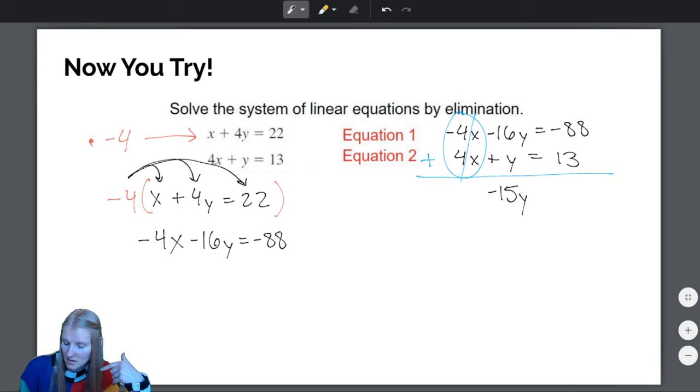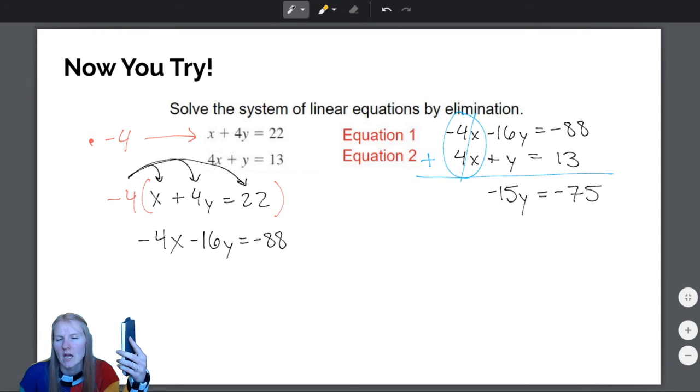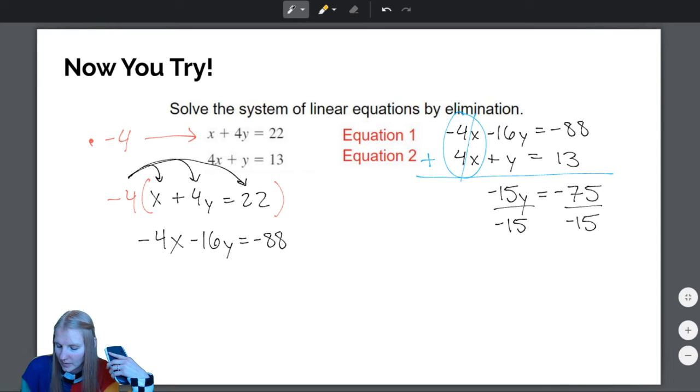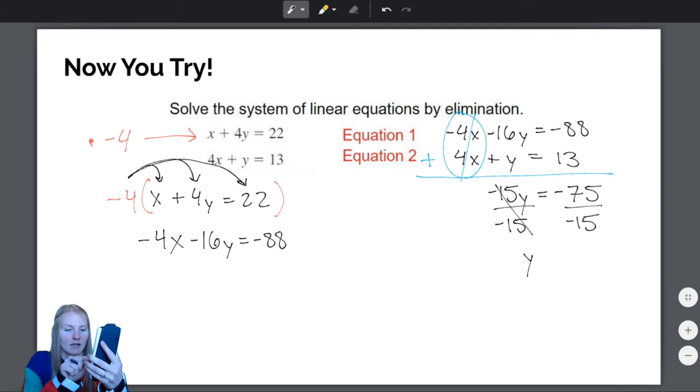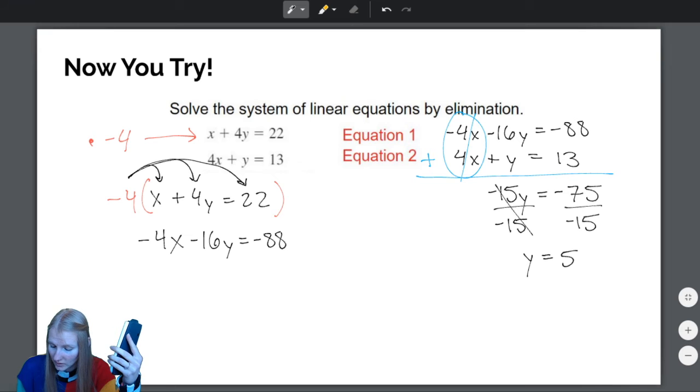So I'm 1 less negative than negative 16, which would be negative 15y, equals negative 88 plus 13, which is negative 75. Okay. And then, if I want y by itself, I need to divide both sides by negative 15, and I get that y is equal to positive 5.